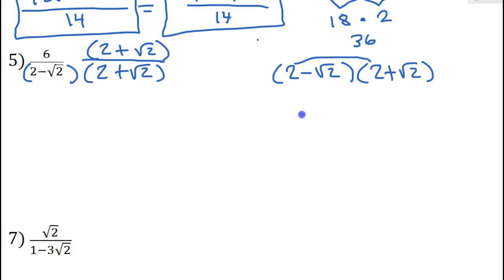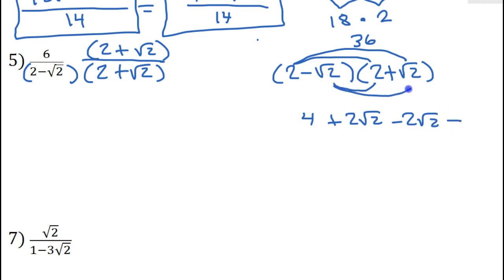So 2 times 2 is 4. 2 times radical 2 is just 2 radical 2. Negative radical 2 times 2 is negative 2 radical 2. A negative times a positive will always be a negative, but then radical 2 times radical 2 is regular 2. These two terms cancel out as always. 4 minus 2 is 2.